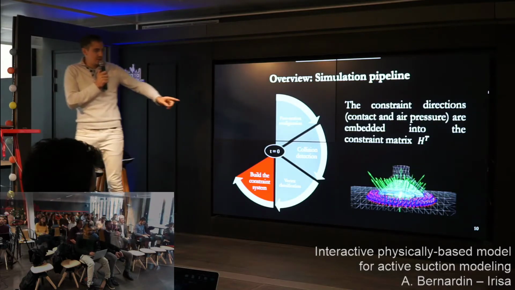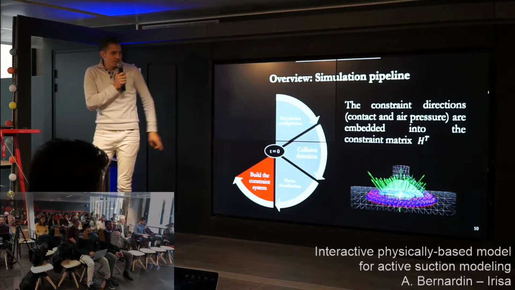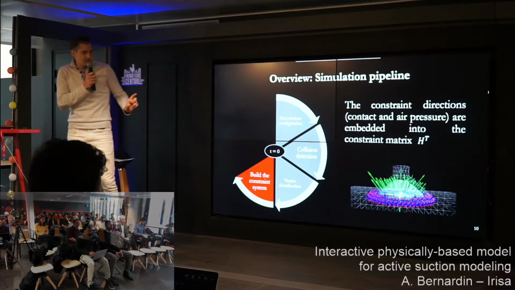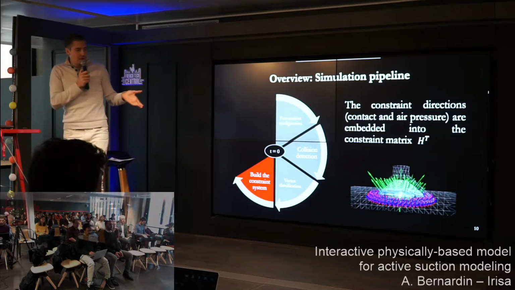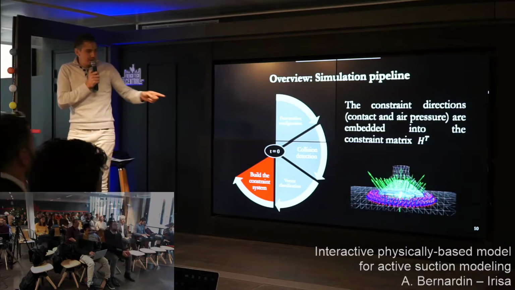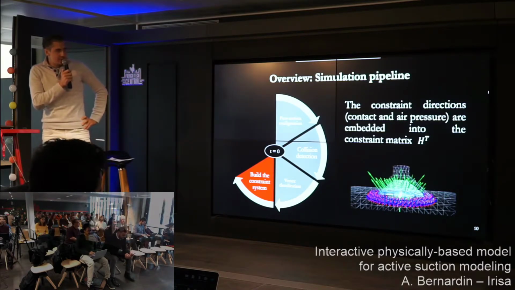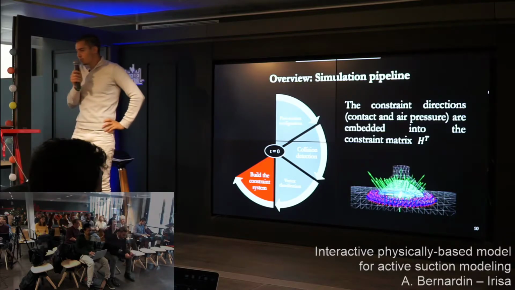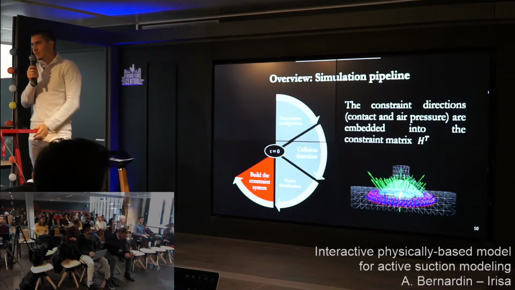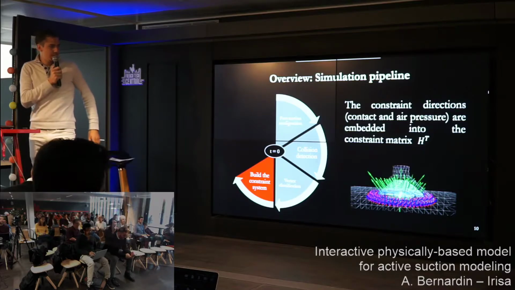As we can see on this image, the red ones are the pressure constraints. Their directions are scaled by the local surface area. All around the seal, we can see the contact constraints, and both are embedded into a constraint matrix H transpose.